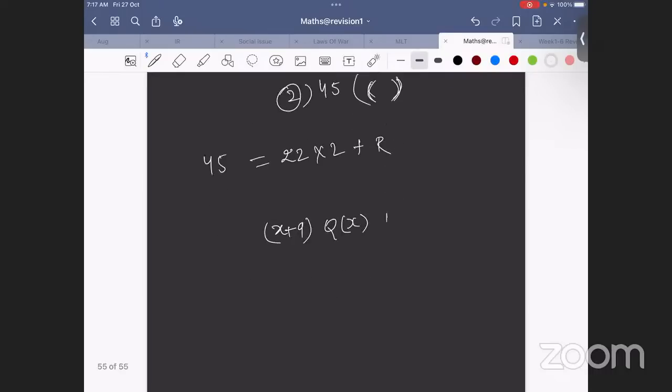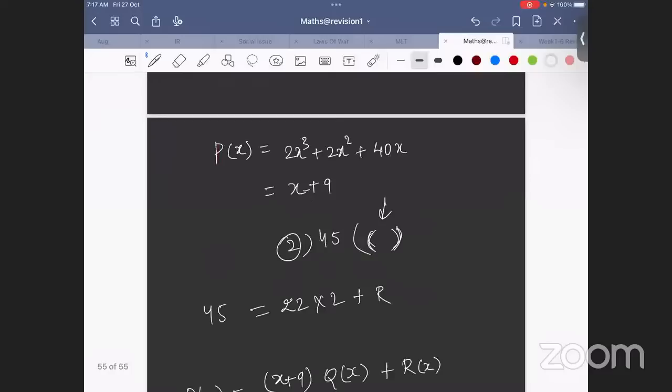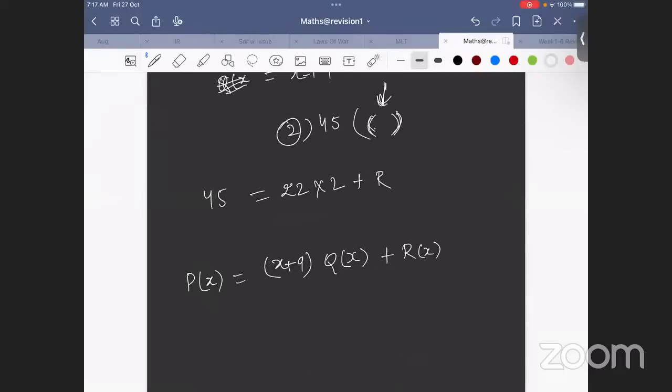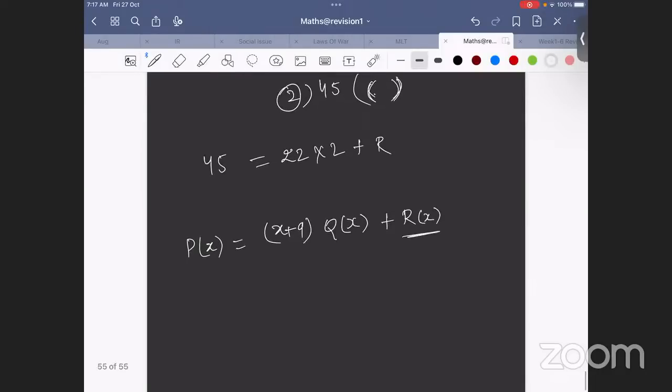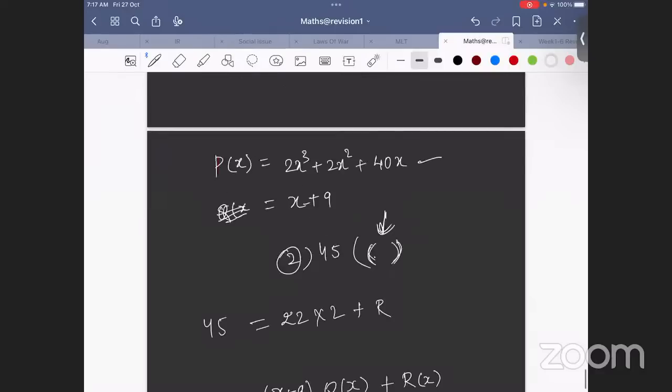If you multiply x plus 9 with q(x) and then add the remainder r(x), that will equal the polynomial p(x), or not? So you get the exact polynomial. And I already told you, what is the degree of this equation? 6, sir.